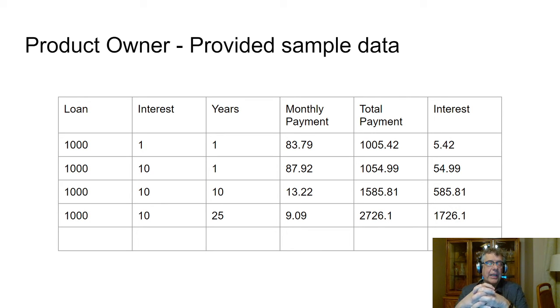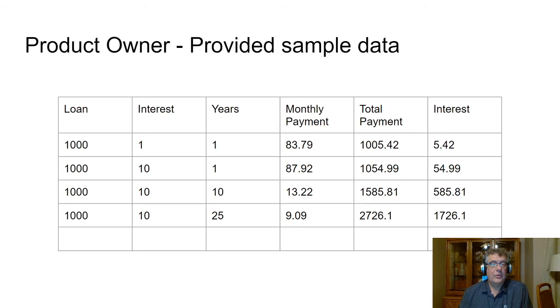And in this particular case, the product owner has told me that if there's a loan for $1,000 and the interest rate is 1% and the years are 1, that's what my monthly payment should be. That's what my total payment should be of all my payments. And the interest I'll pay after the year is $5.42. So I just trust them.